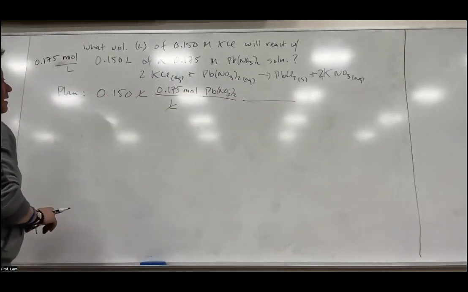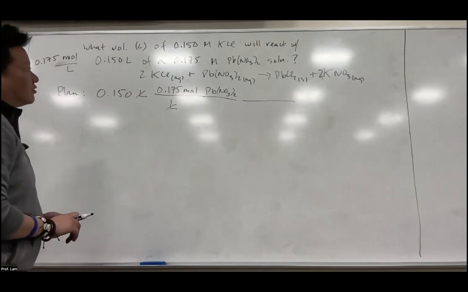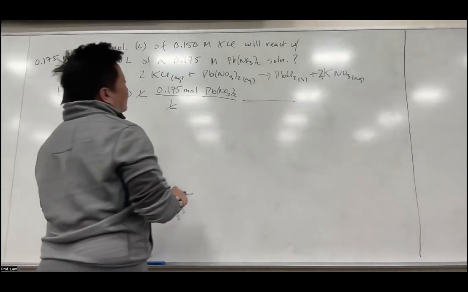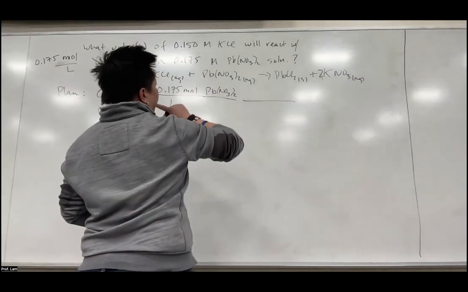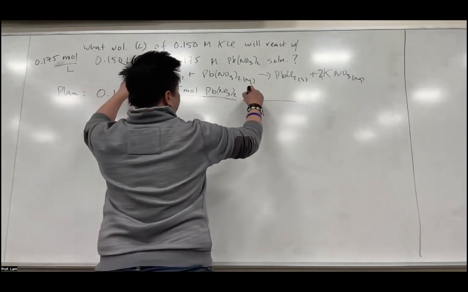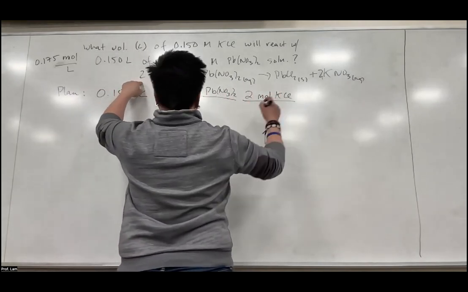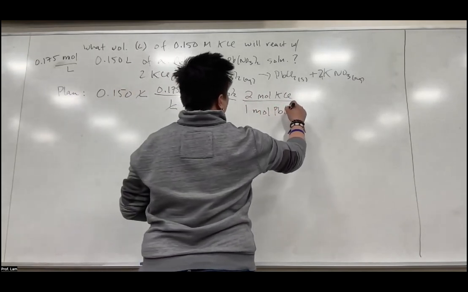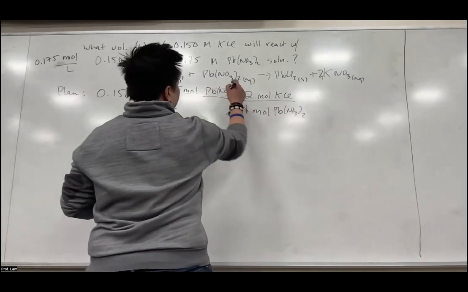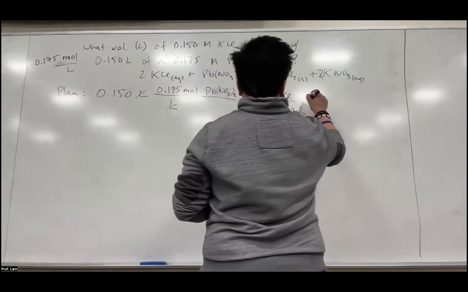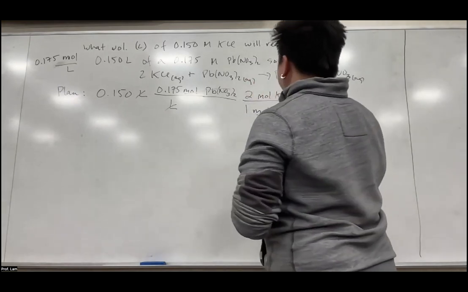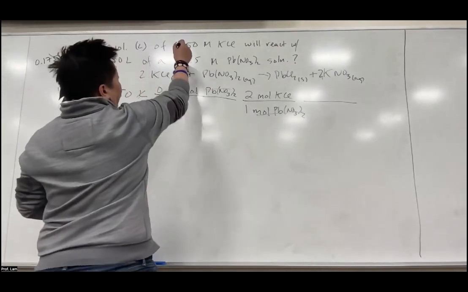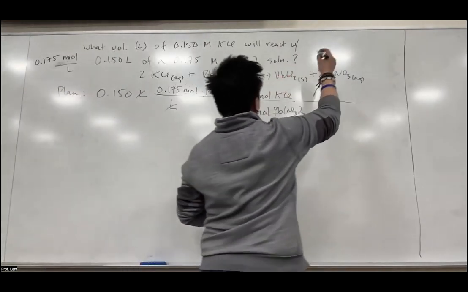Okay. And then now you go to mole to mole ratio, right? So we want KCl to be on top. So we look at KCl, that's 2 moles of KCl. And then 1 mole of Pb(NO3)2. Okay. And then we need to get to volume, right? Volume of KCl. So again, we have the molarity now of KCl. We need to use that, right?